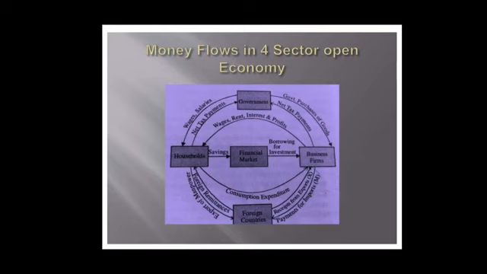It's also shown in the diagram that the rest of world sector makes factor payments to the household sector for their factor services. Household sector also receives transfer payments from the rest of world sector like charity, grants, etc.